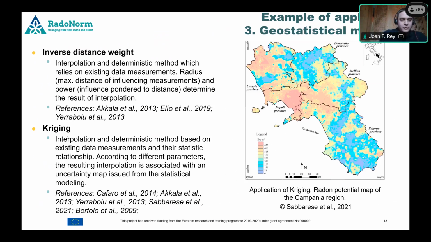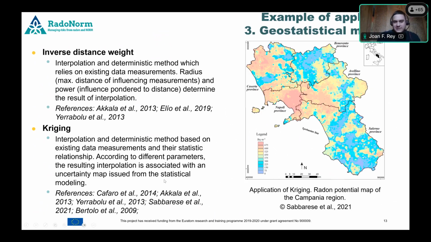And then we do have the kriging. The kriging is another approach than the inverse distance weighting, because here we are looking at the existing data, but also at the statistical relation between the existing data measurements.